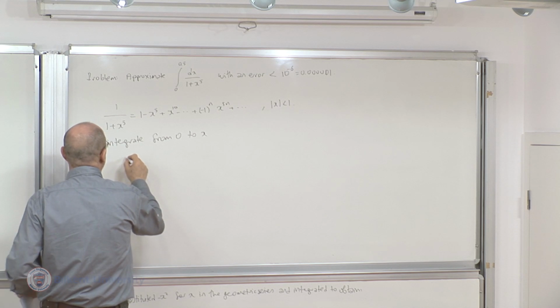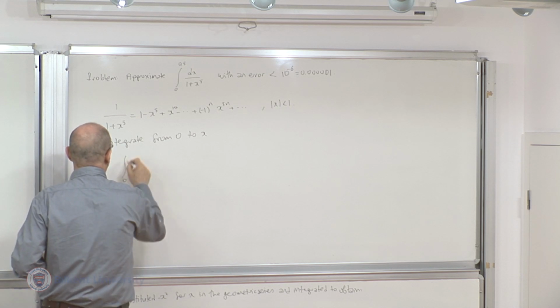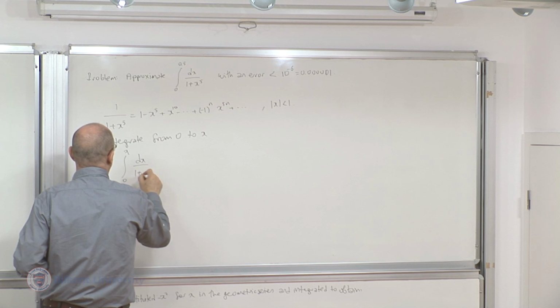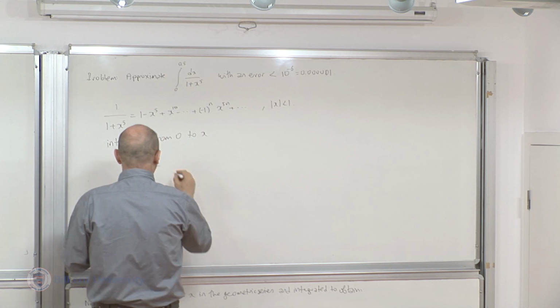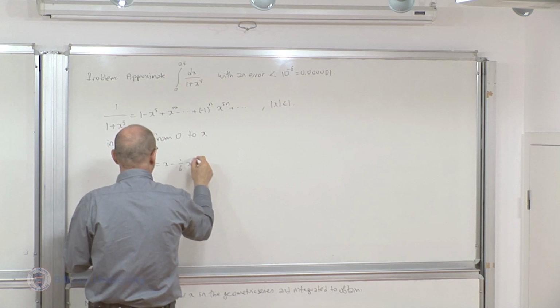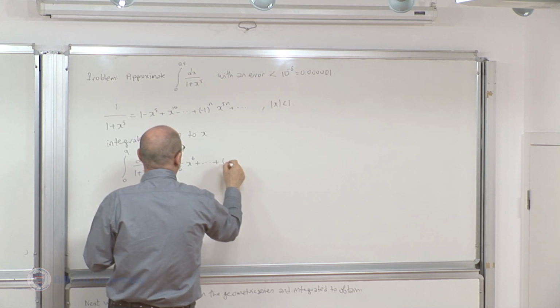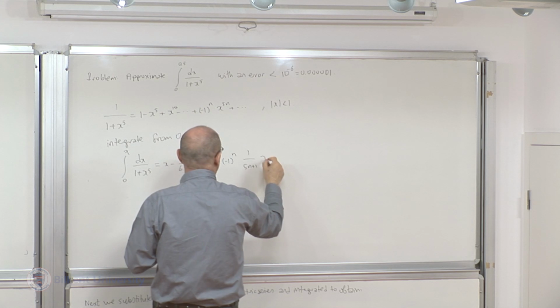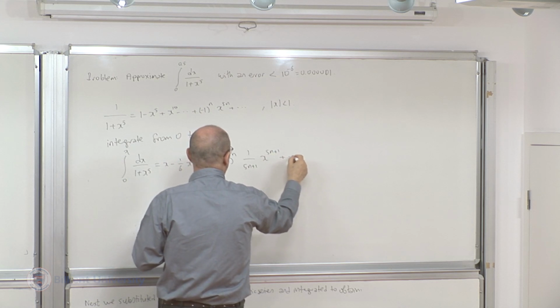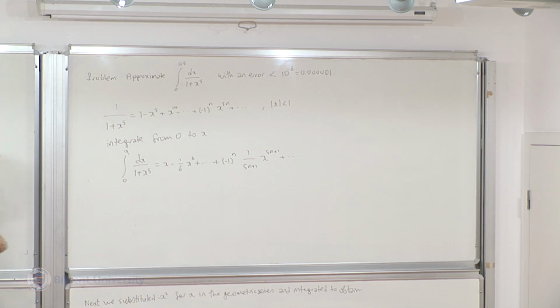So when we integrate, we have the integral from 0 to x of dx over 1 plus x to the 5 equal to, integrating term by term, x minus 1 over 6 x to the 6 plus, and the general term is minus 1 to the n times 1 over 5n plus 1 times x to the power 5n plus 1. It probably converges at one of the endpoints too, but we are not interested in that. We are doing this in the middle, at 0.5.